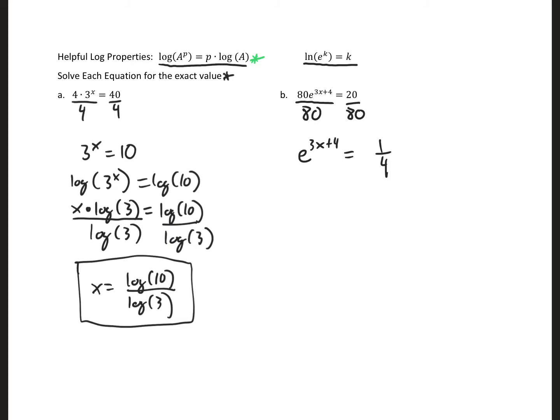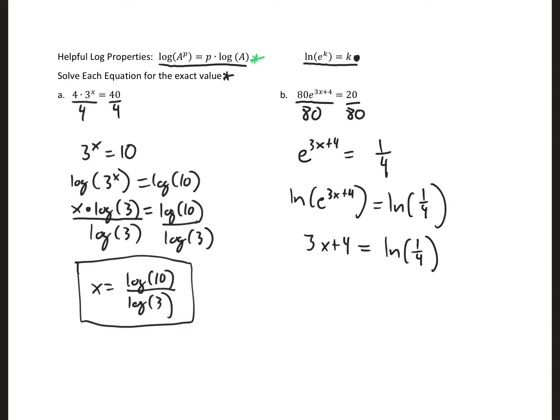Then we're going to use the property to solve this for the exponent. So natural log e to the 3x plus 4 equals natural log 1/4. On the left side, using this property, the result will just be whatever the exponent is. 3x plus 4 equals natural log 1/4.